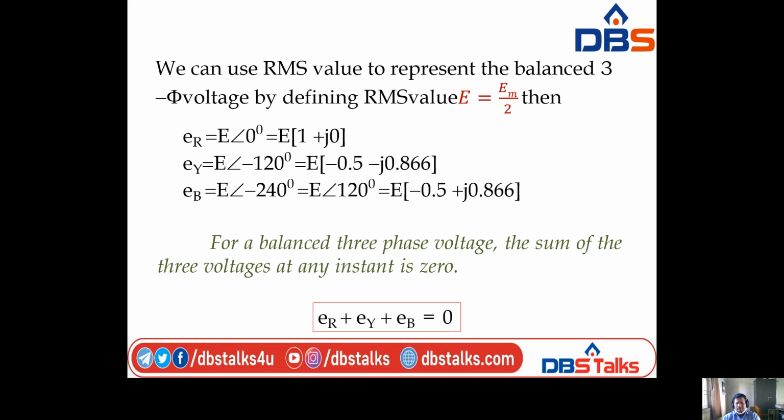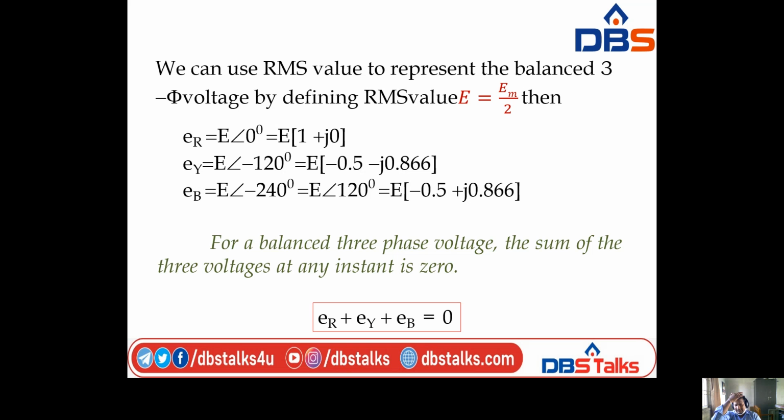So ER is equal to E into 1 plus j0, and EY is equal to E into minus 0.5 minus j0.866, right? Cos minus 120 plus j sin minus 120 gives minus 0.5 minus j0.866.